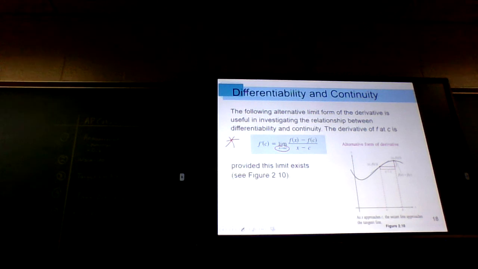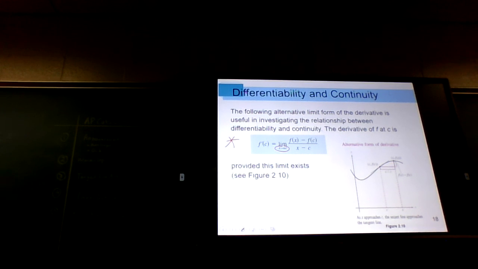That means I want to know what is the slope of the tangent line for this curve at x equals 1, just like we did on the activity today. And I want you to use this definition, and I'll write it over here. f prime of c equals the limit as x goes to c of f of x minus f of c over x minus c. That's that definition.